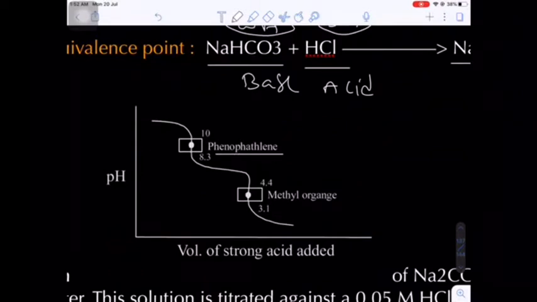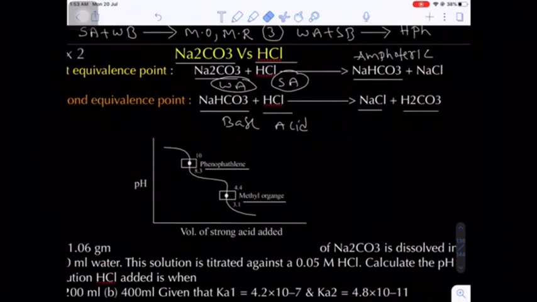Now here in the first case, the pH range is 8.3 to 10. In this pH range we will use a suitable indicator, that is called phenolphthalein, and at the second equivalent point the pH changes from 3.1 to 4.4, where we will use the second indicator, that is called methyl orange.